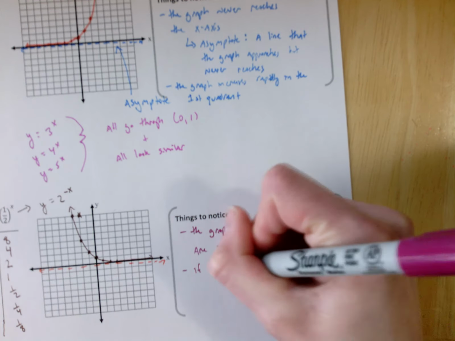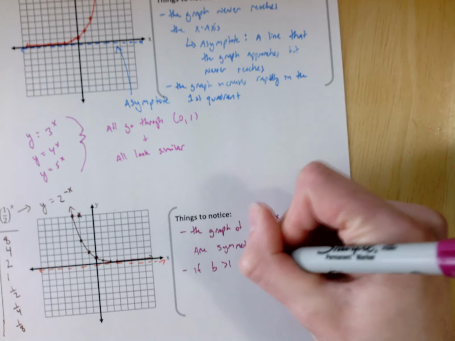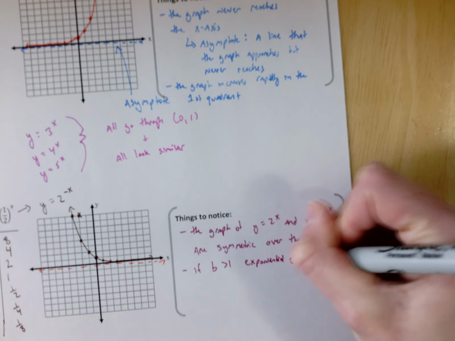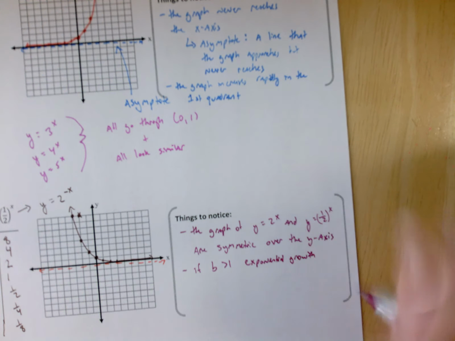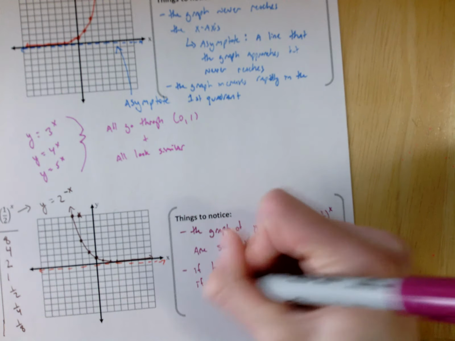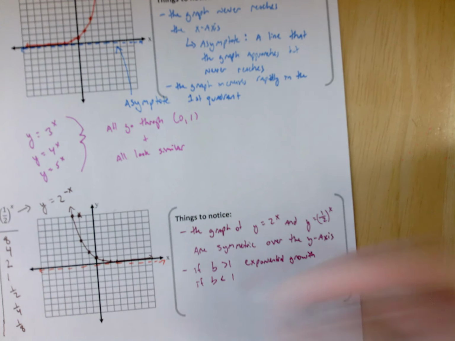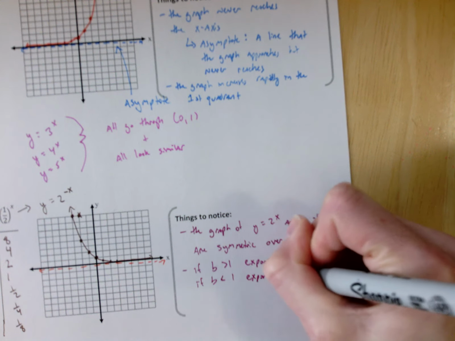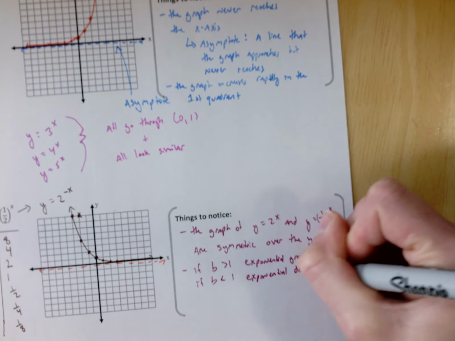So if your base number is greater than 1, it's going to be exponential growth. It's going to get big over time, like the top one did. But if b is less than 1, again, still greater than 0, that's going to be an exponential decay function.